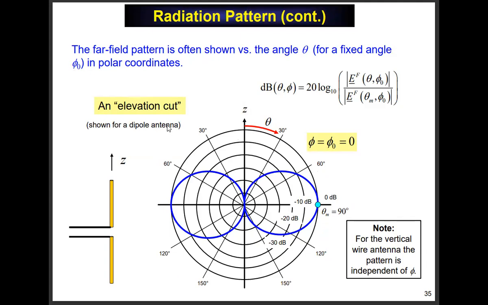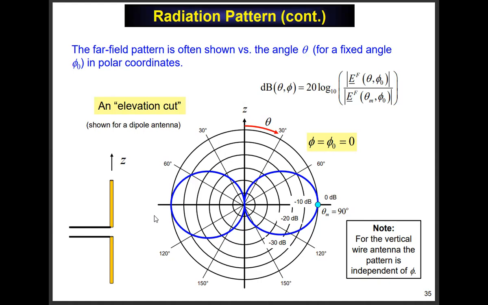Now, when an antenna engineer says elevation, what they mean is they're changing angle theta. When they say azimuth, they mean they're changing angle phi. And phi is the angle going around like this. So an elevation pattern or an elevation cut means that you're keeping angle phi fixed and you're just changing theta.